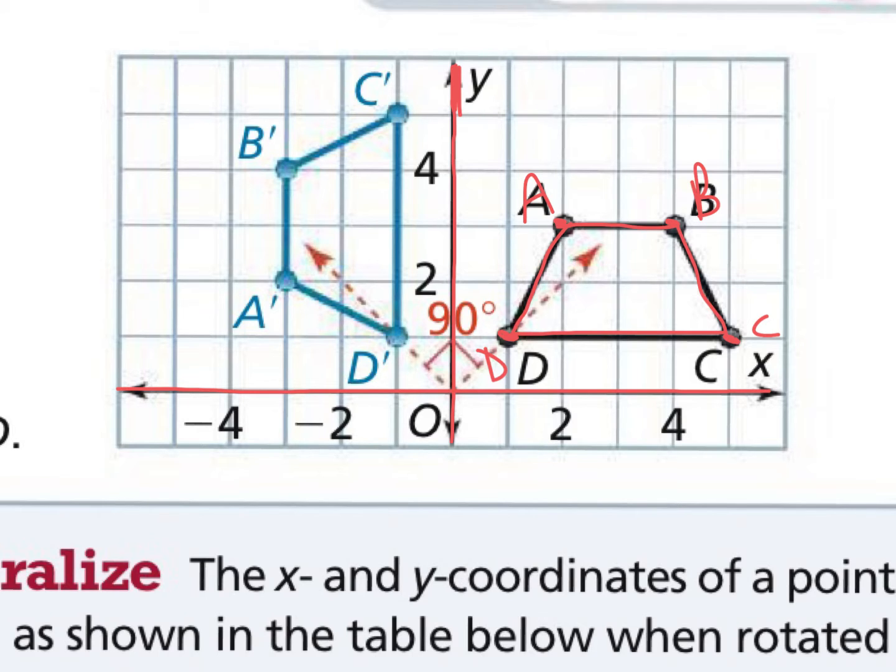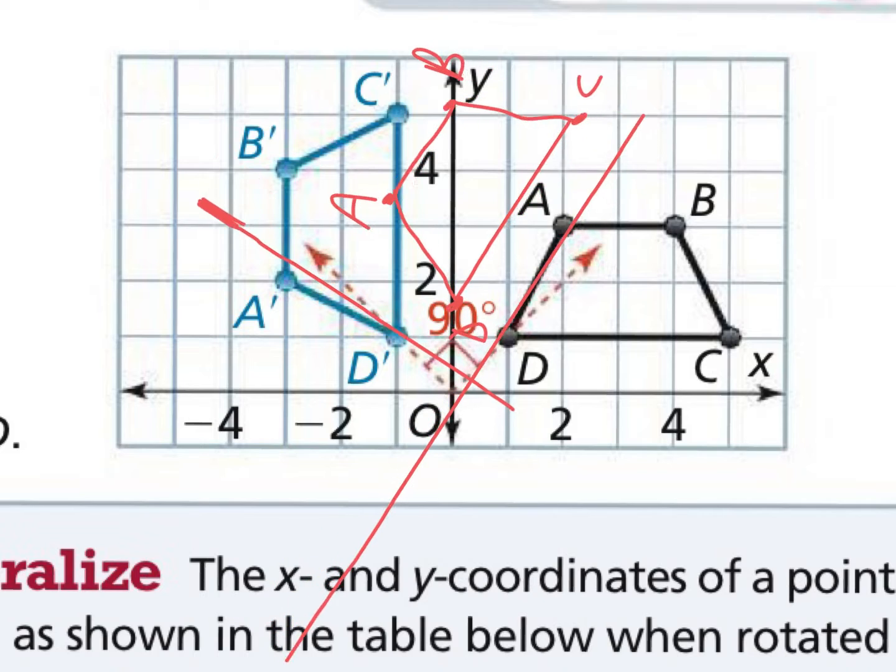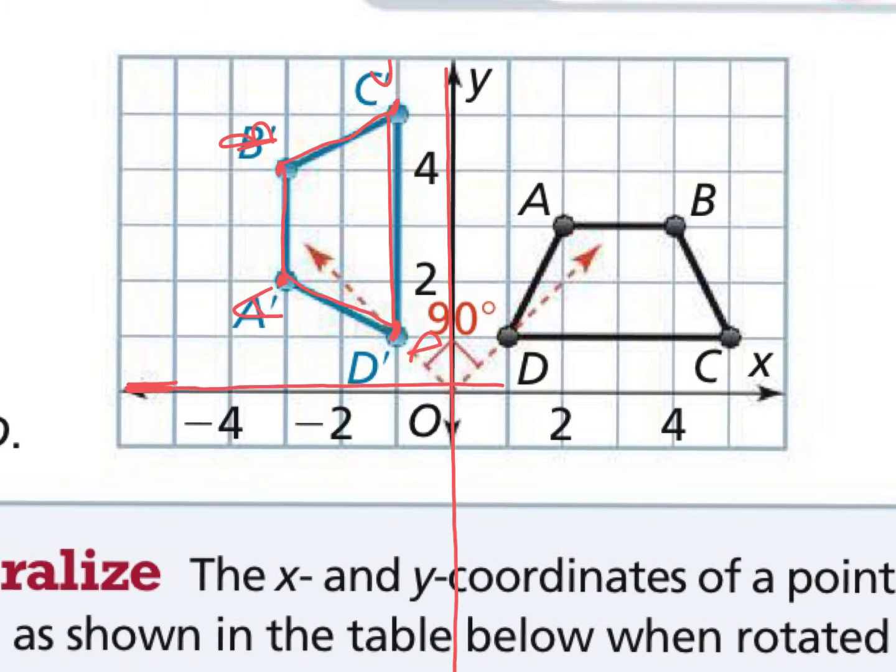Then we think about rotating this 90 degrees counterclockwise. So we just turn this until those lines match up. Once the lines match up again, that's a 90 degree rotation. And you can see that puts us exactly where the book had those points.